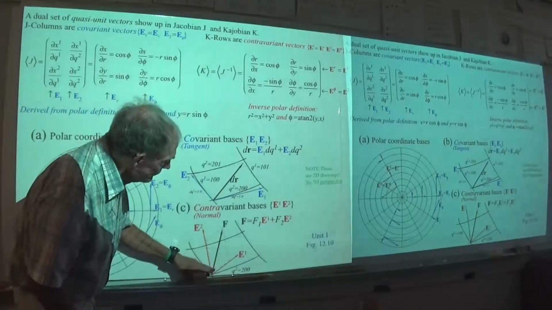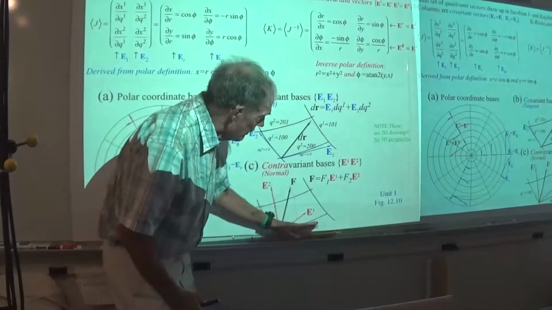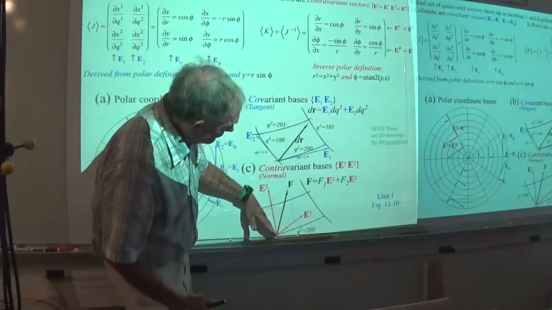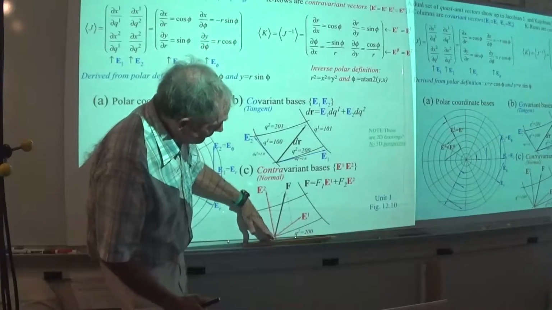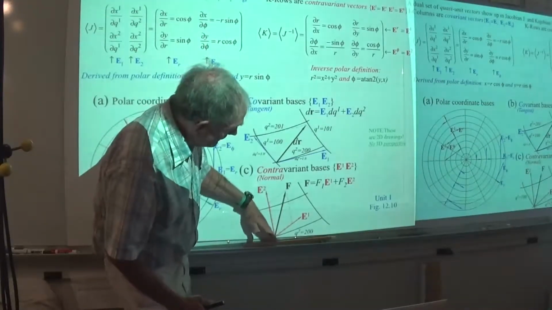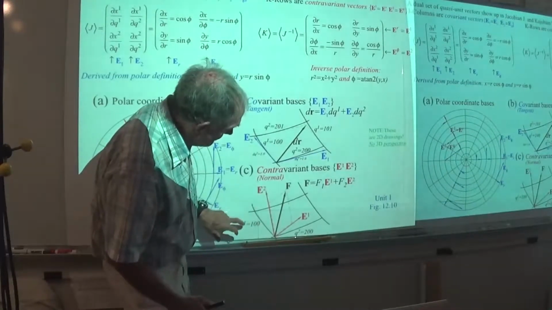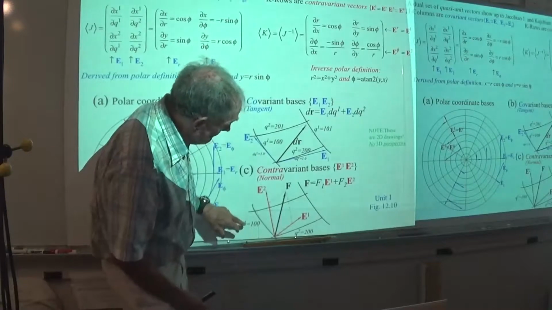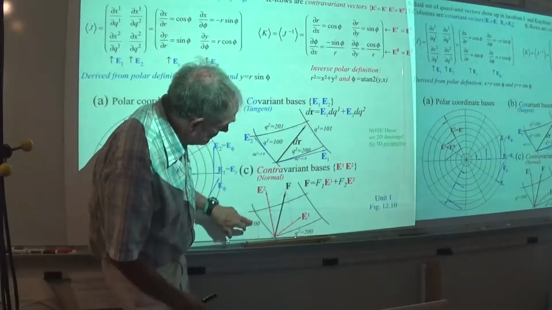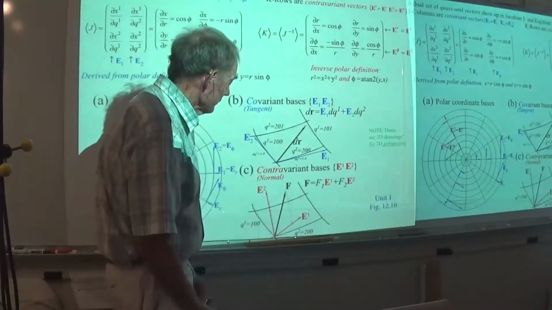Here is E super 1 right here. It doesn't point along that; it points perpendicular to the other coordinate surface. If this were a three-dimensional thing, it is the gradient of this particular coordinate, whatever, surface, hypersurface, volume, you name it. But here it is just a line. Q1 equal 100 has a gradient equal to that at that particular point.